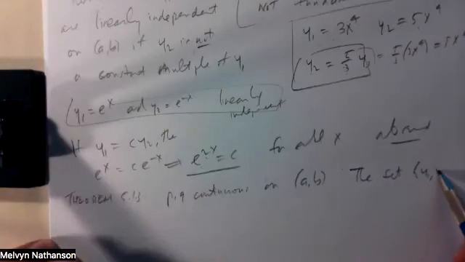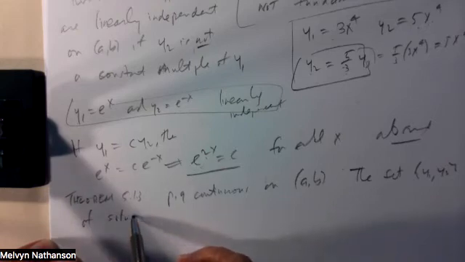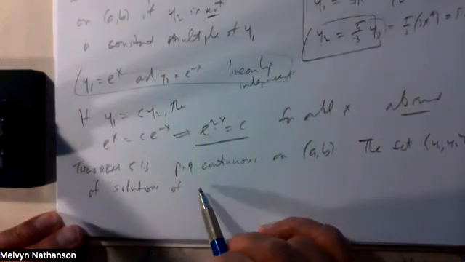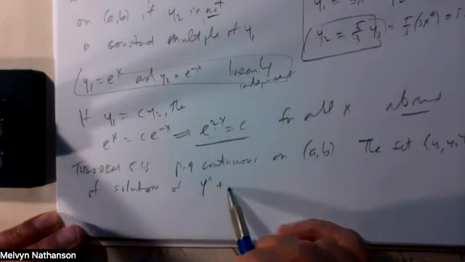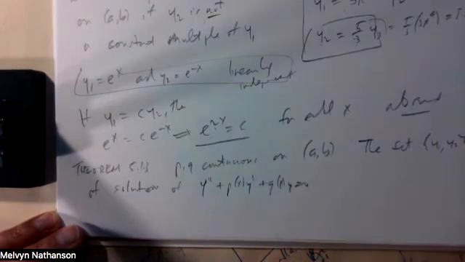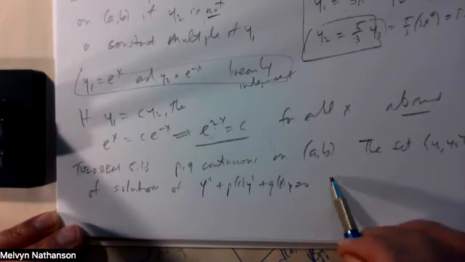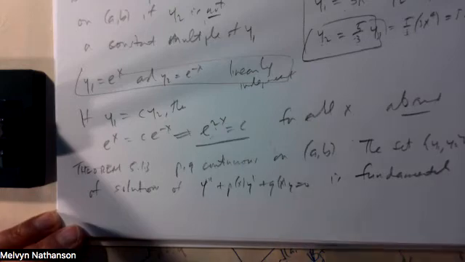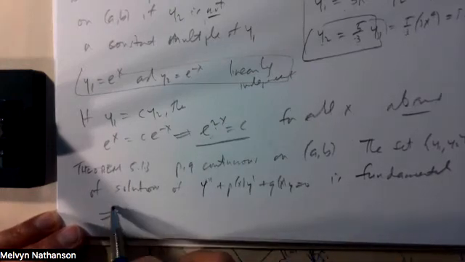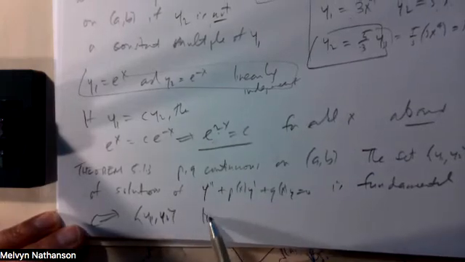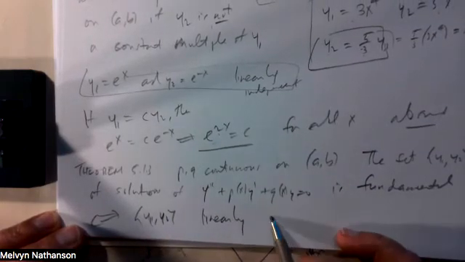The set y1, y2 of solutions, so these are two solutions of my homogeneous equation, y double prime plus p of x y prime plus q of x y equals 0. This set of solutions is fundamental if and only if these two functions y1 and y2 are linearly independent.